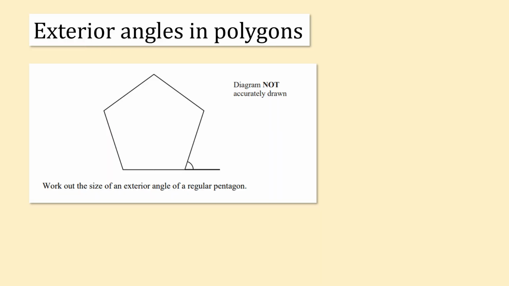So we're going to look at 3 questions involving exterior angles and polygons. So let's look at this. We've got a pentagon, 5-sided shape. We just saw on the last slide that when we collapse this down, all of the exterior angles are going to make 360 degrees. So what I'm going to do, and I wouldn't do this every time I do one of these questions, but just to get you thinking about what sort of formula we might use, if I continue the lines off in the same sort of orientation.